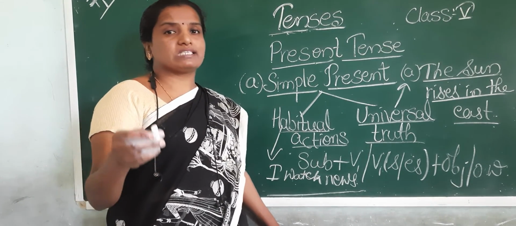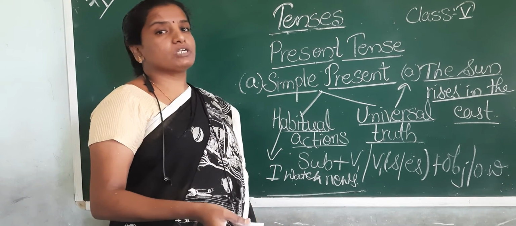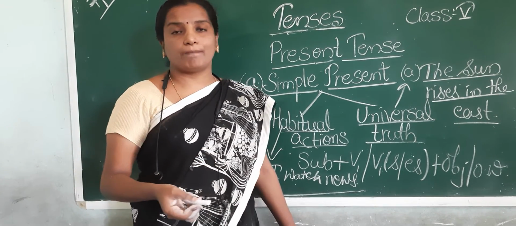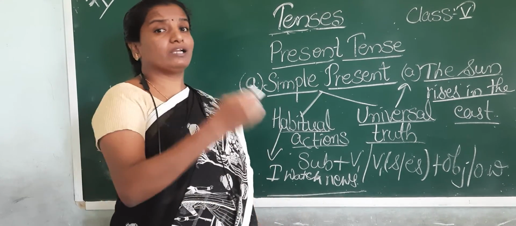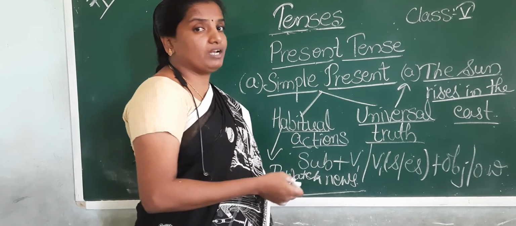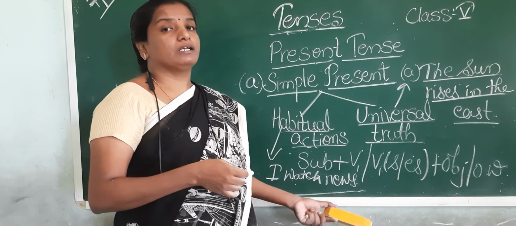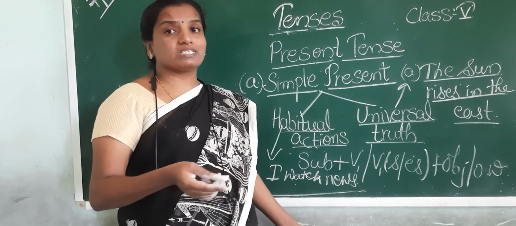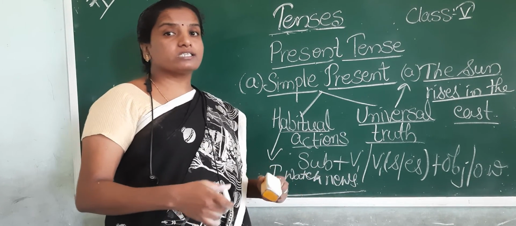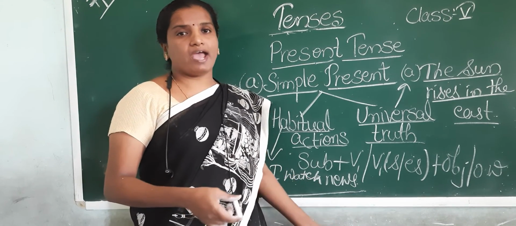Habitual action is nothing but the actions which we perform daily. Suppose I go to school by bus, meaning daily I go to school by bus. We denote such types of actions with simple present. And universal truth means the actions which occur in nature and which we can't change.